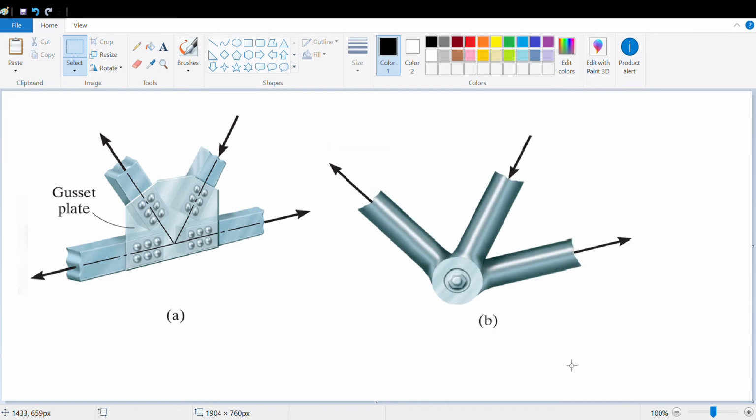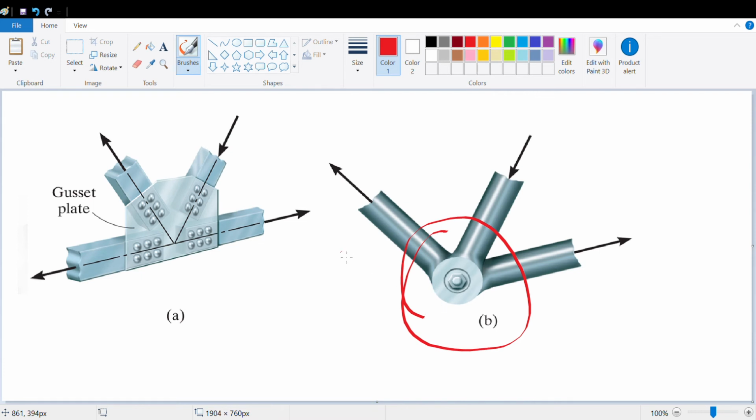In order to perform an analysis of the loads on our trusses, we'll always be assuming that the joints are connected by smooth pins, like the one shown in this picture.